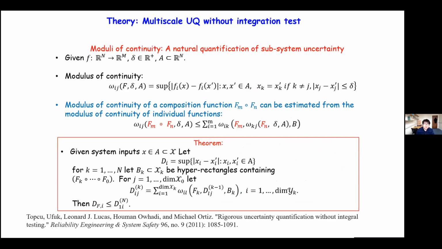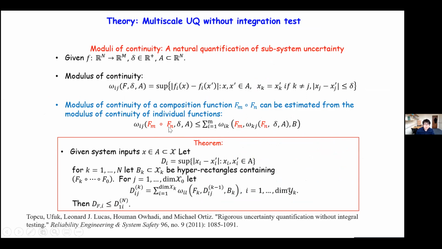The theoretical tool that we've used is called modulus of continuity, and it actually turned out to be a natural quantification of subsystem uncertainty. I will not go into the details of what a modulus of continuity is, but simply put, it allows us to break a composition map.